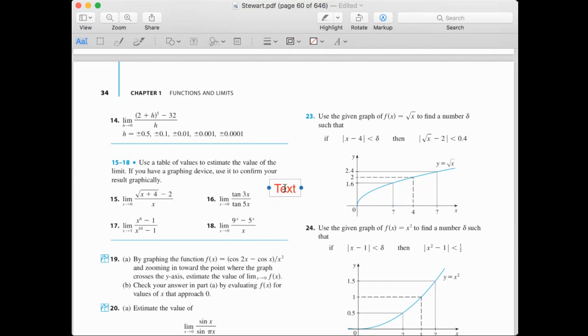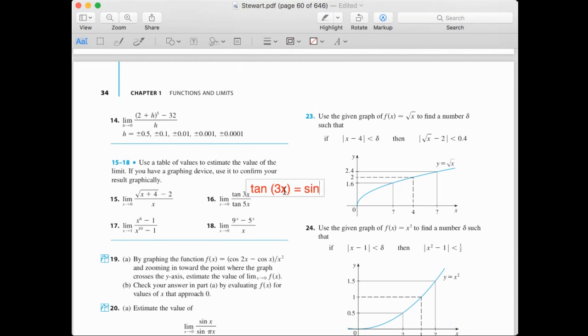16, we know tangent 3x. Okay, first hint, x approaches 0. If x does not approach 0, we won't be able to use the identity. The limit, consider x approaches 0, so we have trig functions. We're thinking to use the identity. So tangent, what's the angle? The angle is 3x.